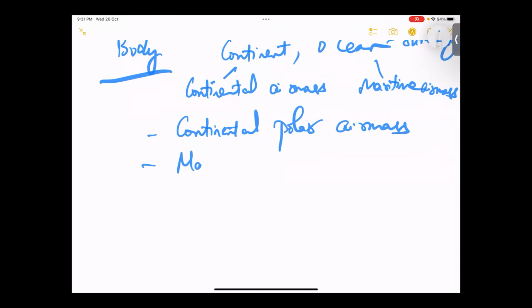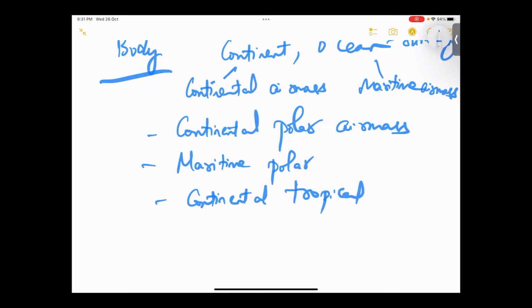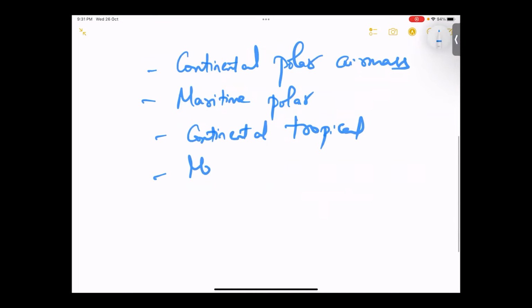then maritime polar, then continental tropical, maritime tropical, then continental Arctic.